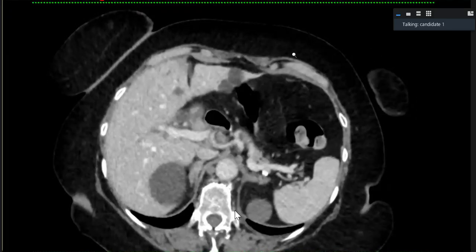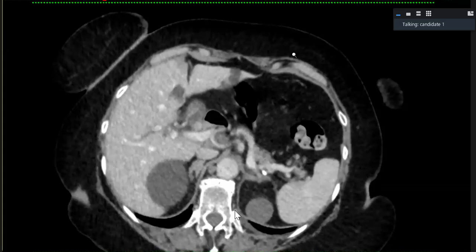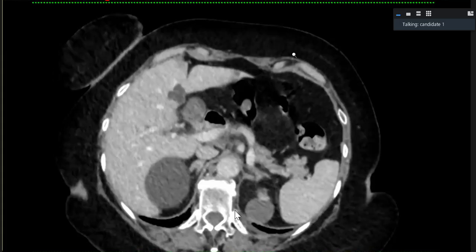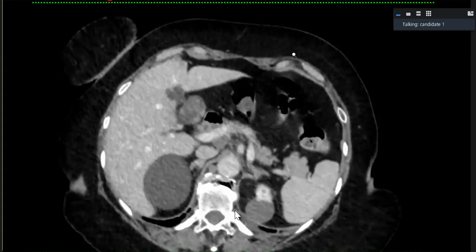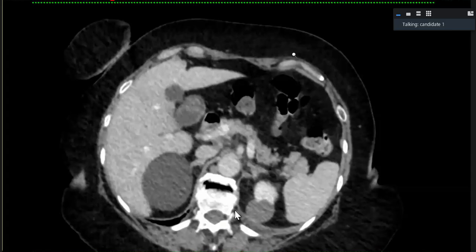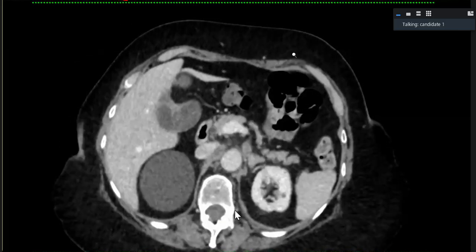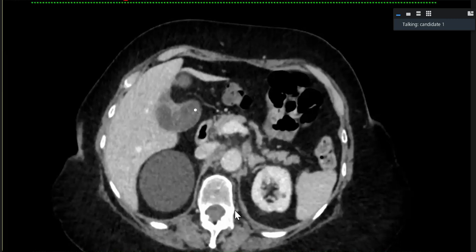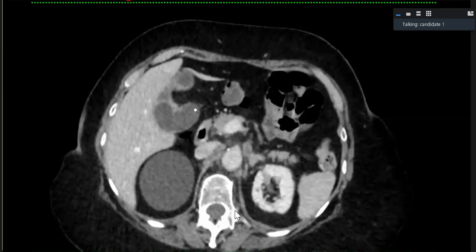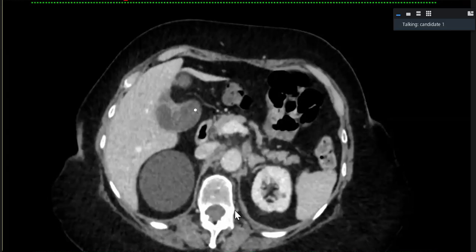I can see dilatation also of the common hepatic duct with a lesion seen in the cystic duct. There is a large lesion seen inside the cystic duct and extending to the hepatic duct. The lesion is enhancing.